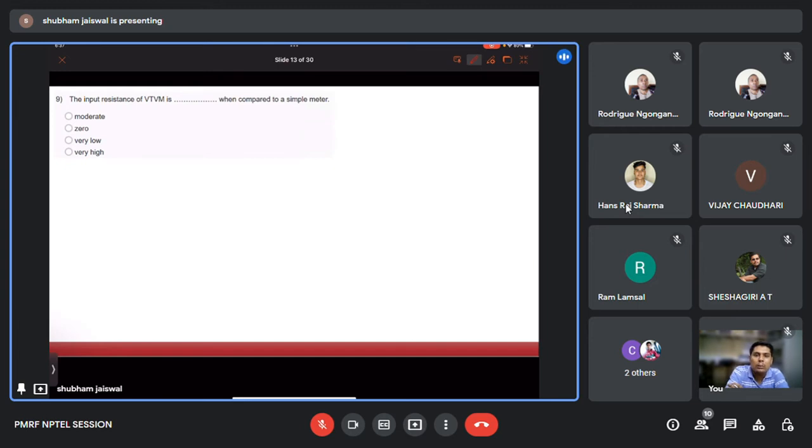So moving to our next question: the input resistance of VTVM is blank when compared to a simple meter: moderate, zero, very low, very high. Before answering, tell me the full form of VTVM.